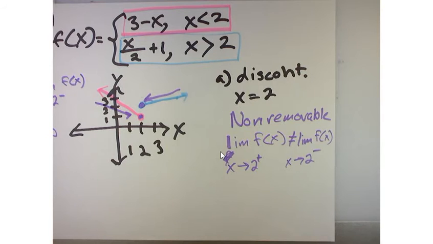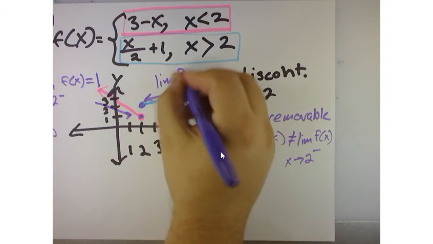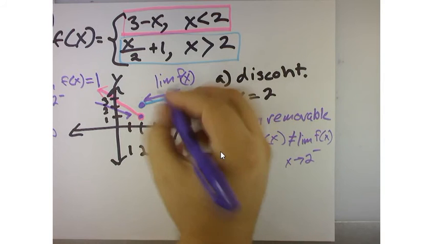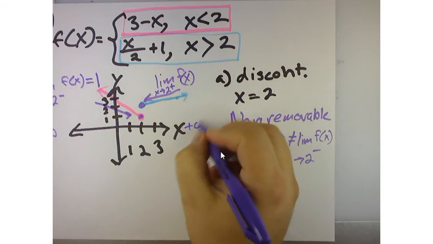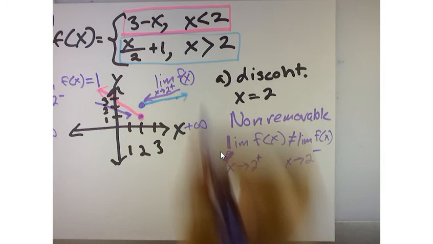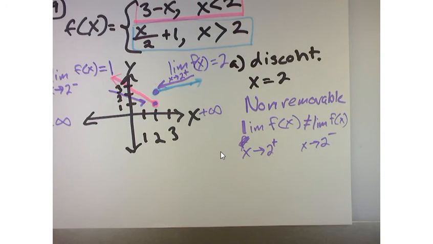Well, what's my corresponding y value? 1. Over here, the limit of f of x as x approaches 2 from positive infinity, because this is the positive infinity side, is equal to 2. And so because they don't equal each other, it's not a removable discontinuity. Does that make sense? Okay.